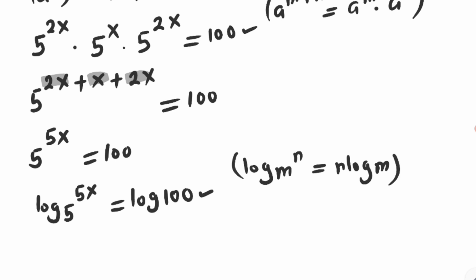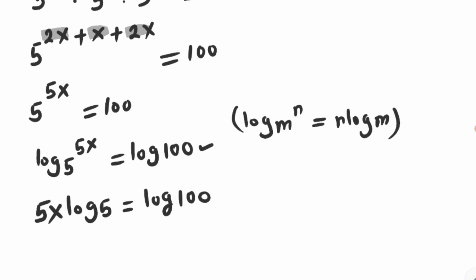Then this equation can be written as 5x log 5 is equal to log 100. Let us divide both sides of this equation by log 5.